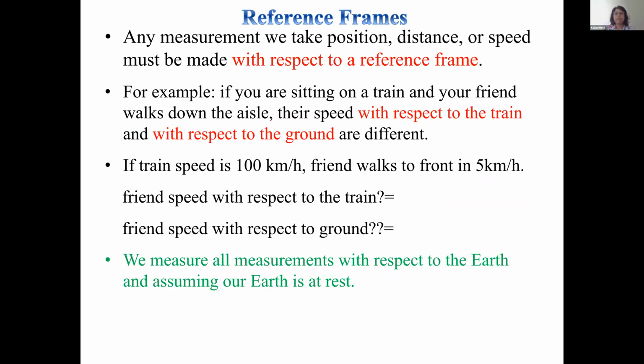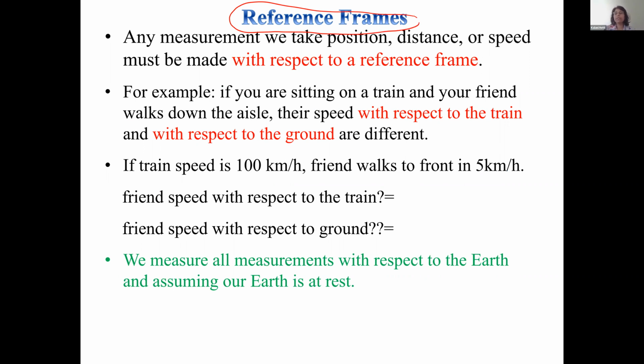Okay, so the next step is that all the measurements that we are taking, all the physical quantities that we are talking about, are given with respect to some reference frame. Because of that, knowing the reference frame is important, right?